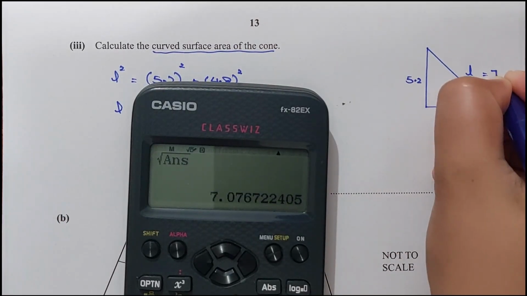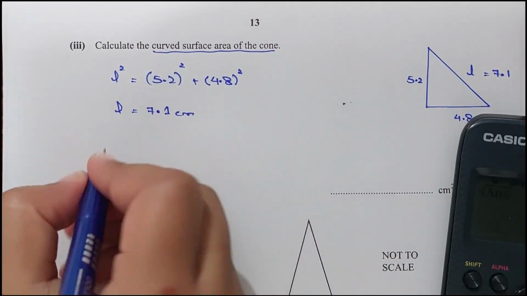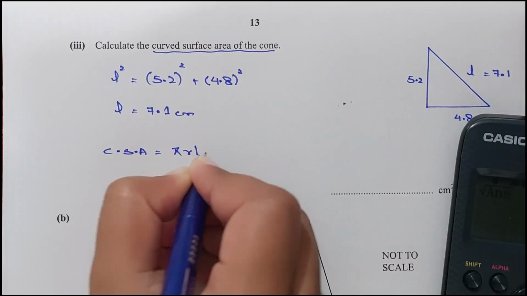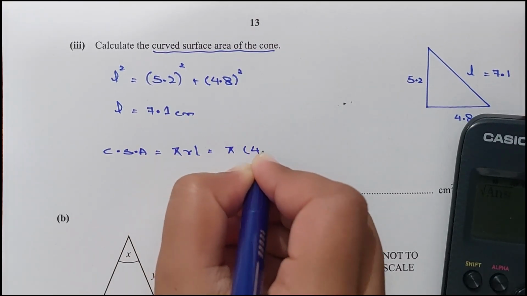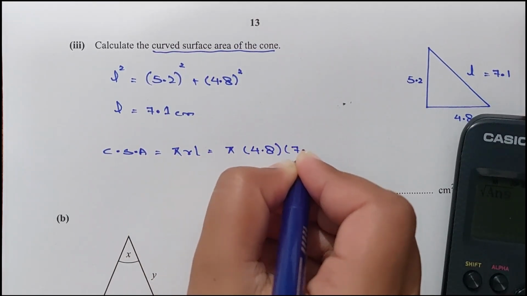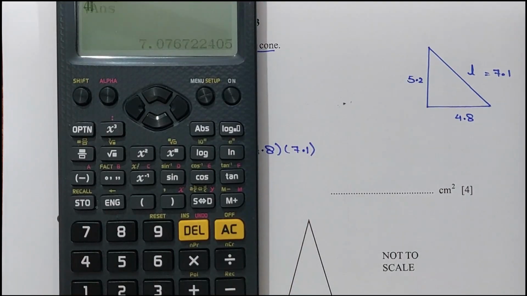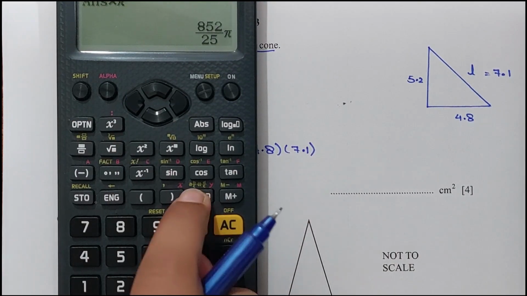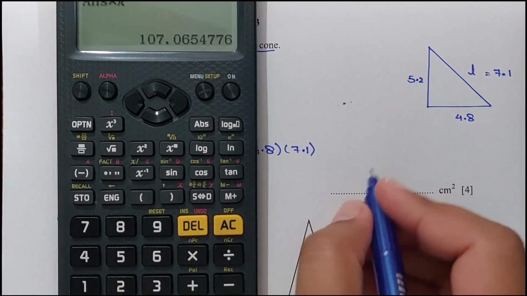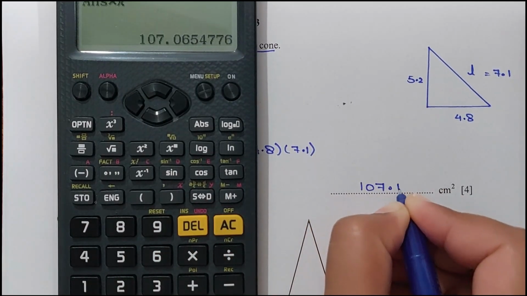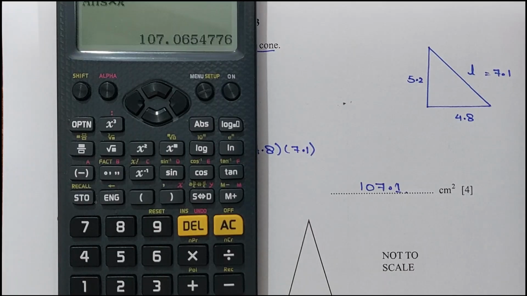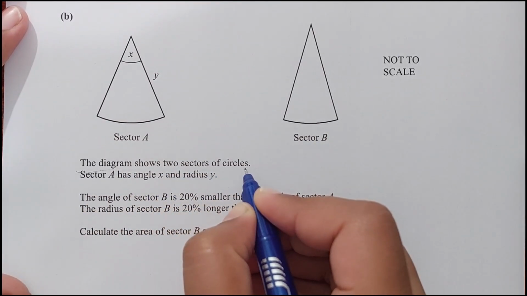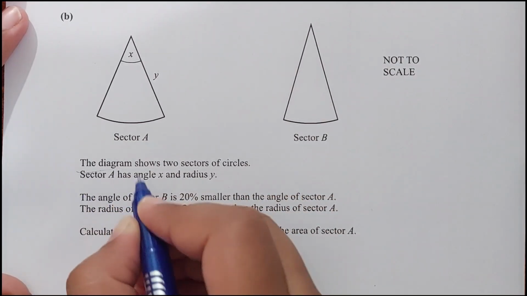Now the curved surface area is pi r L. This is pi, r is 4.8, L is 7.1. 4.8 times 7.1 times pi is going to be 107.1 square centimeter.